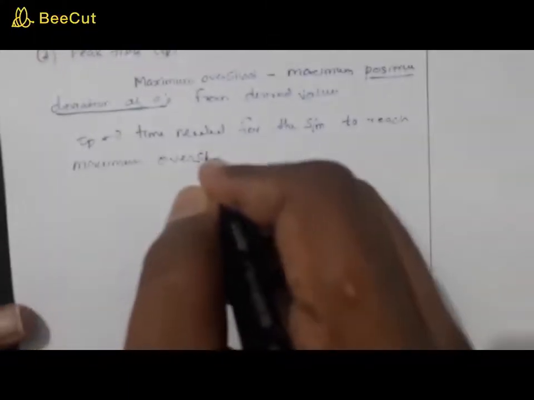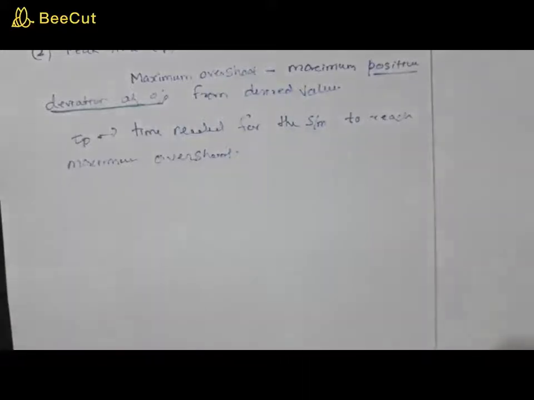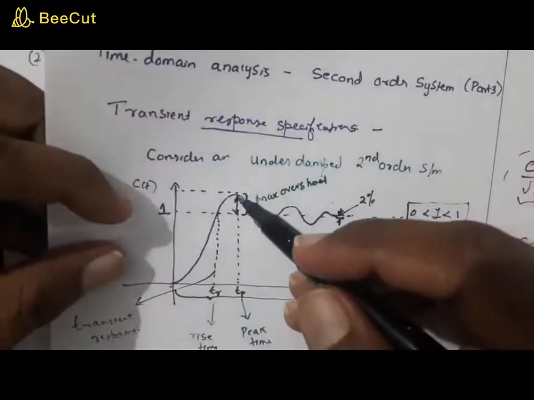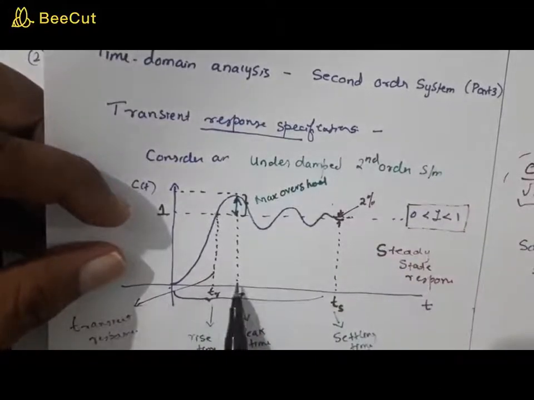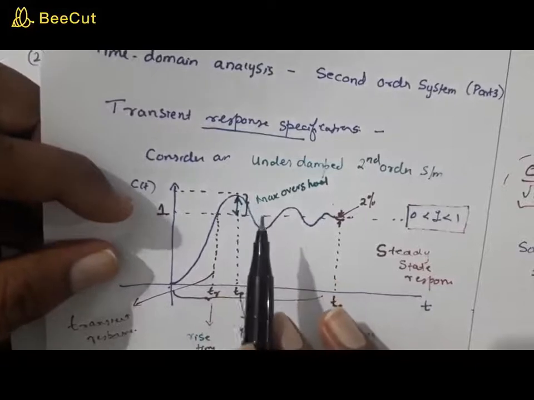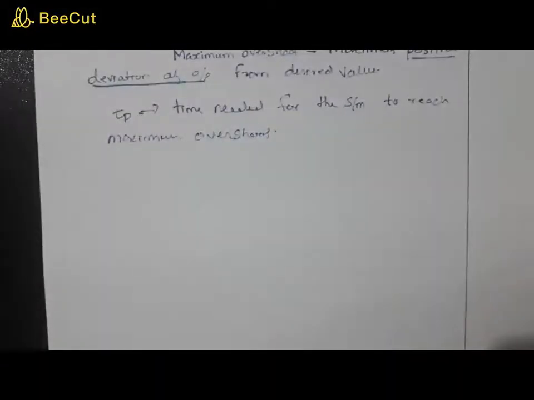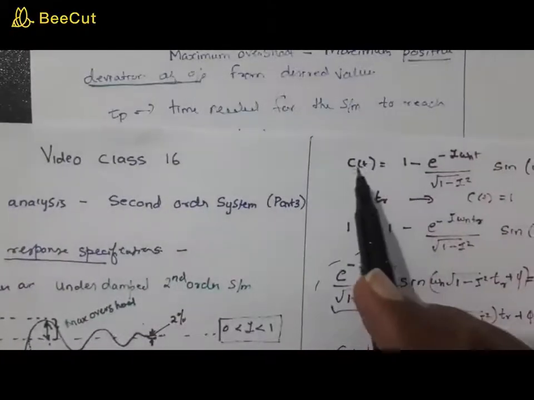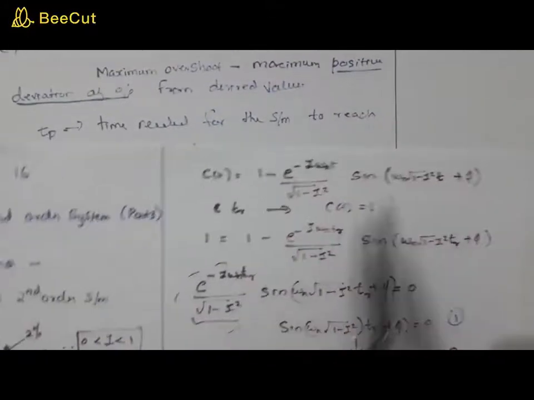So this is the maximum overshoot, and the time the response takes to reach this maximum overshoot is what is called the peak time.